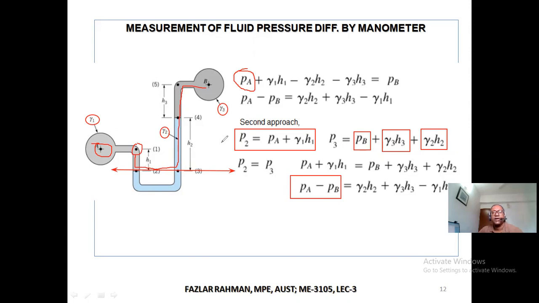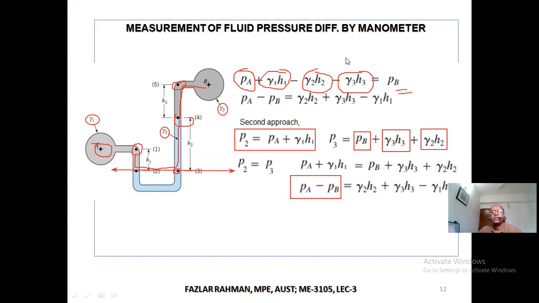So plus H1 gamma 1. Then you coming over here, right? Now you're moving upward by height H2. So minus H2 gamma 2. Then from here, you are walking this much, this point. That means gamma 3, H3, minus because you're moving upward. You coming over here, that means you are at point B. So equal to pressure at point B, then you figure out the pressure difference.